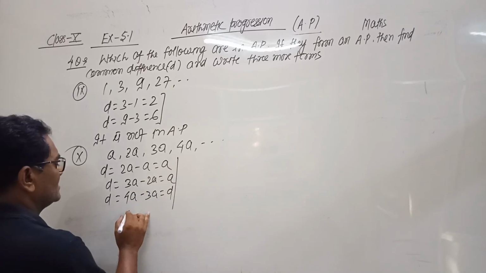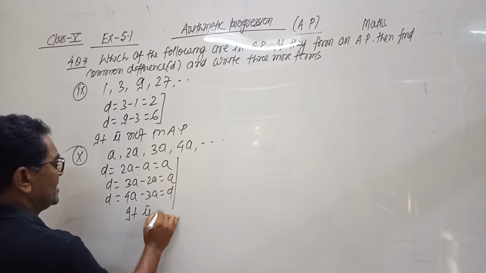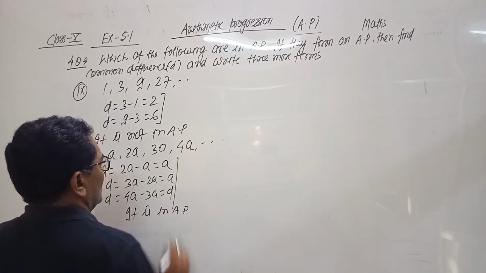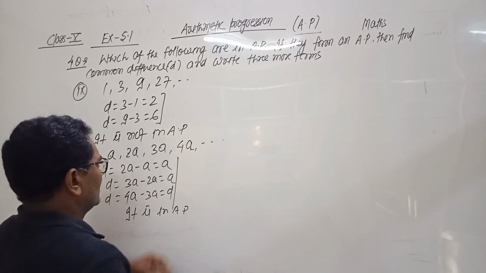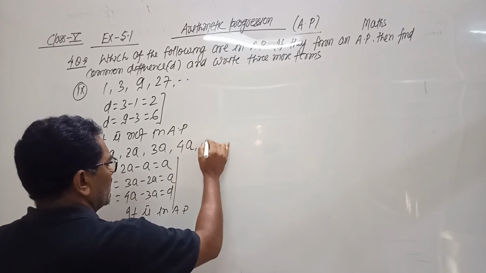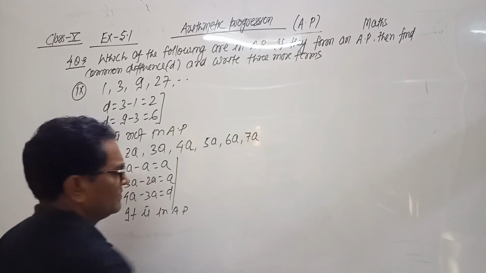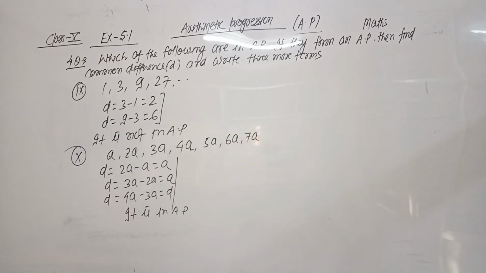So the common difference is the same, meaning it is in AP. Now writing the next terms: add a to 4a, we get 5a, then 6a, then 7a. So these are the next consecutive terms of the AP.